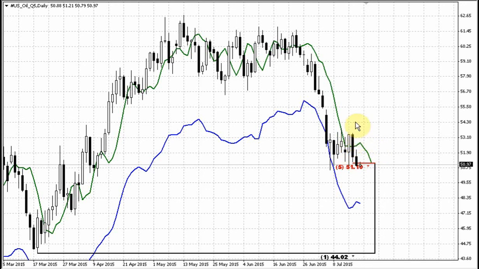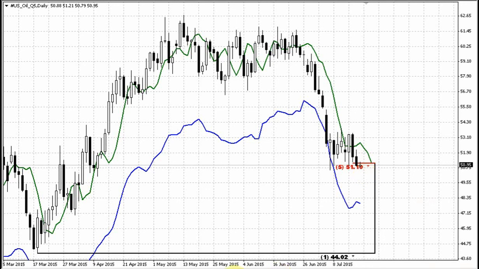So this has been achieved, and right now crude oil has abandoned the oversold condition and is ready for possible downward action. We expect that in the medium term the market will probably reach the previous lows around 45 on the futures price. On the spot price, that will be approximately $50 per barrel. So the picture on crude oil looks bearish, and that in general supports the view on the Canadian dollar.